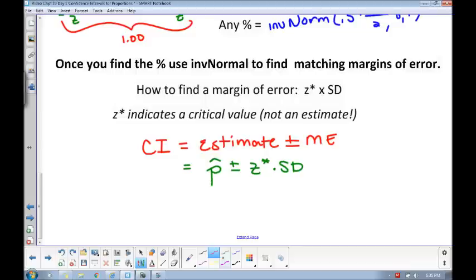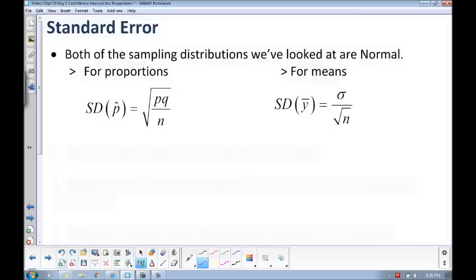So we've talked about the sampling statistic, the probability that comes from the sample. We've talked about how to find the z-score. So the very last piece is that standard deviation. We're dealing here with a sample, so we don't actually know what the standard deviation is.